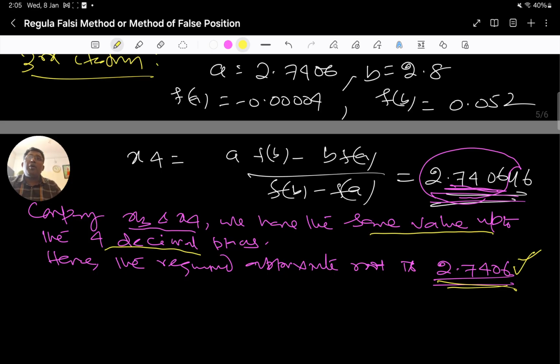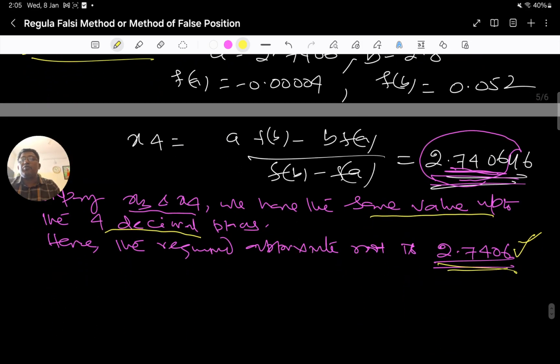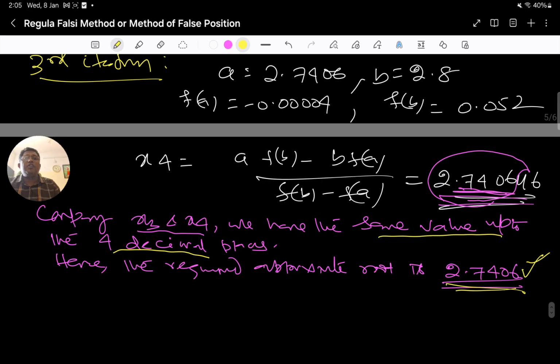Moreover, the convergence is better than the second method. The importance is that if you squeeze the interval, if you choose the initial approximation close enough, as we have taken 2.7 and 2.8 instead of 2 and 3, then we get the result quickly. So try to choose the initial interval very close, then you will get the desired accuracy.